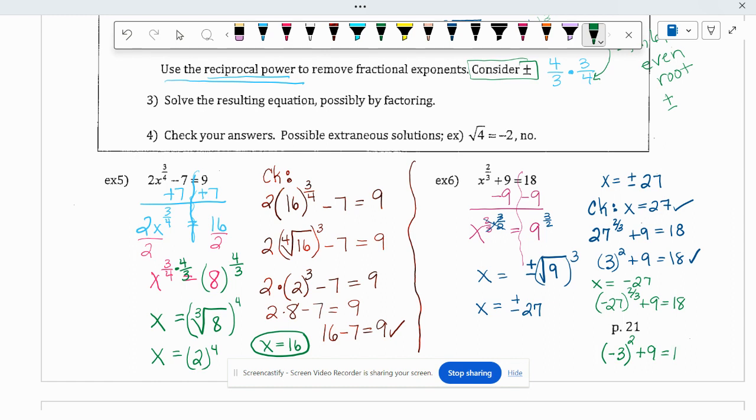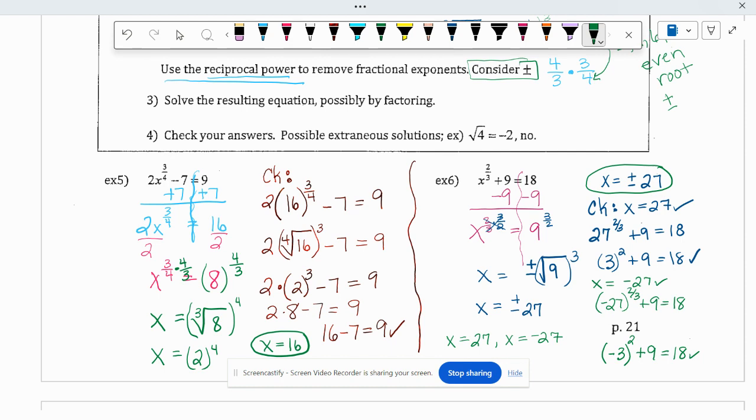And 9 plus 9 does equal 18. So the answer of negative 27 works also. So two answers. If you were doing a Delta Math activity, you would have x equals 27 and x equals negative 27.